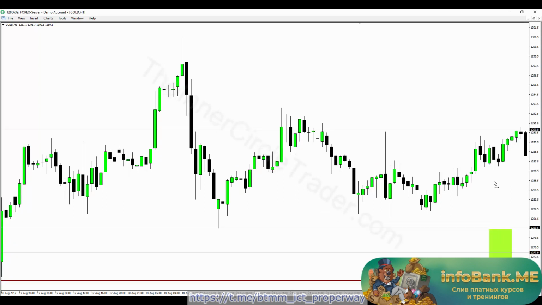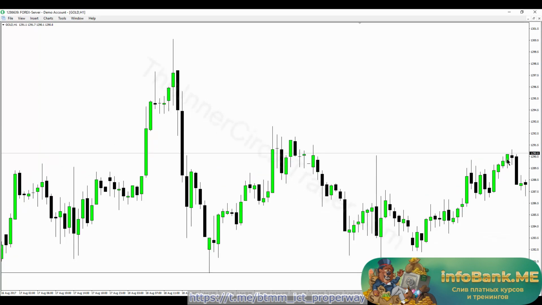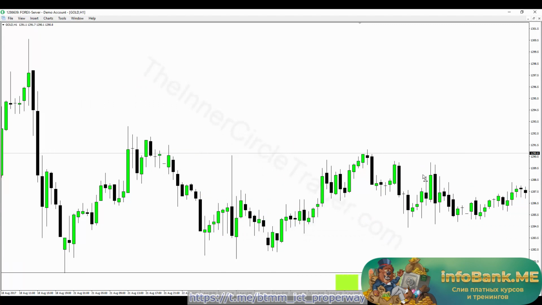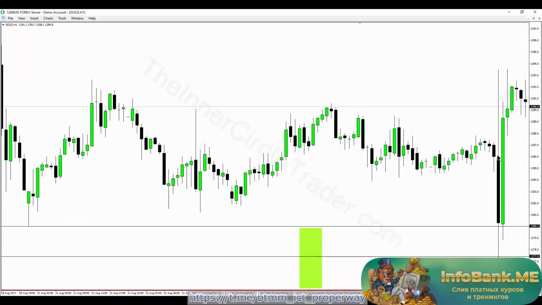Okay, and price hits 1290 in here. Bearish order block, runs a short-term high. Right in here, it spikes up first, runs the highs, runs these highs, trades down into the gap.